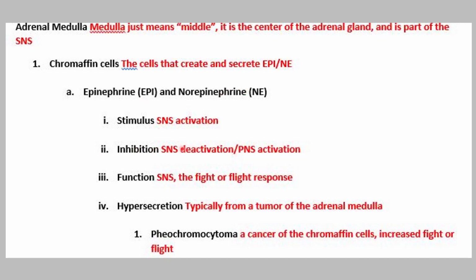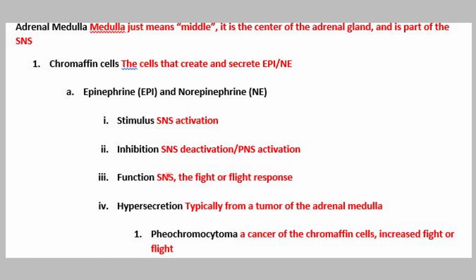Well, when the sympathetic nervous system is turned off and the parasympathetic nervous system is turned on, that causes the stopping of the epinephrine and norepinephrine. So SNS activation causes epinephrine, norepinephrine to be released. SNS deactivation, PNS activation stops the release.